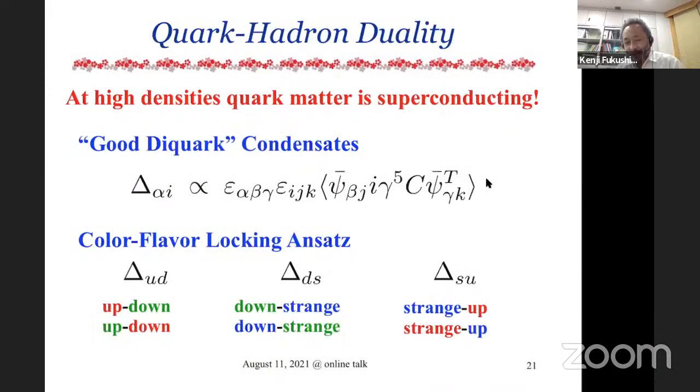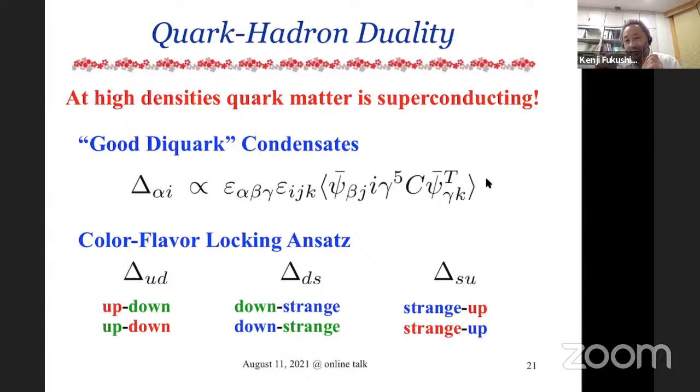The argument is based on the color superconducting picture. If you go to very high density, it is natural to expect that the quark matter must be gapped. That is because, if you look at the QCD interaction, unlike the QED interaction, QCD is an SU(3) gauge theory, and so there are many interaction channels.